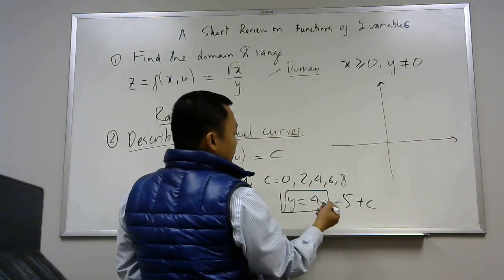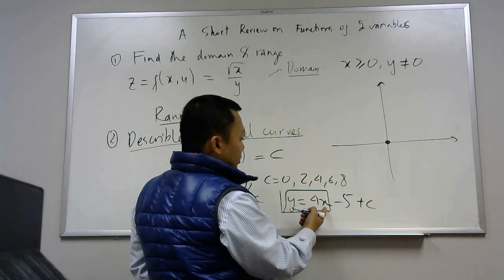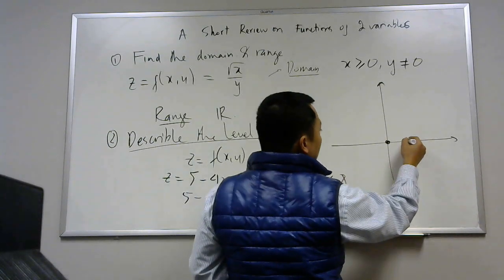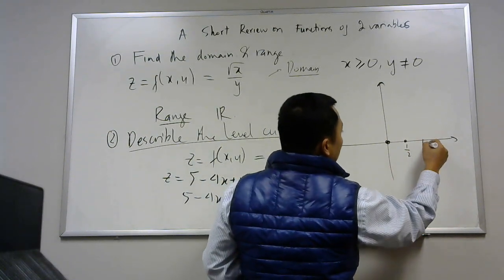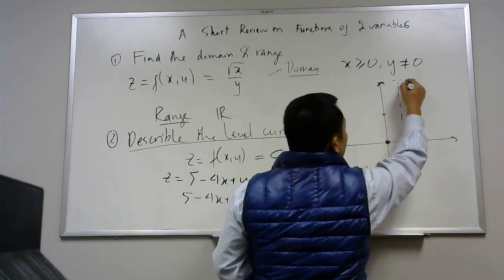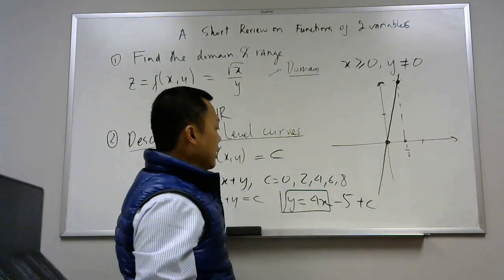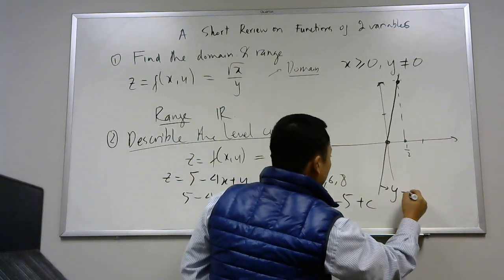That is the main one. This passes through the origin, and when x equal to 1/2, y equal to 2. When x equal to 1/2 is 1, y equal to 2. 2 is about here. So that is your straight line y equal to 4x.